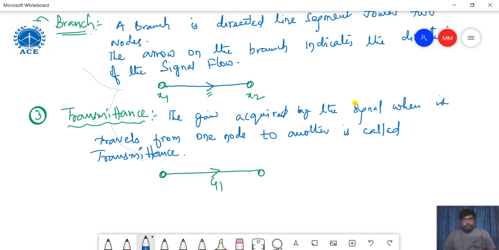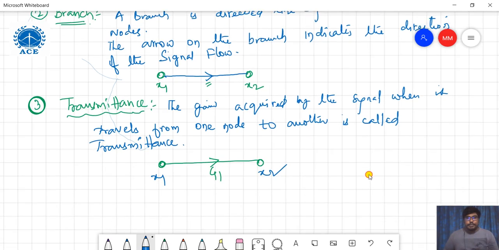This transmittance can be either real or complex. Simply, it is nothing but, you can say another word, gain also. These are the nodes.